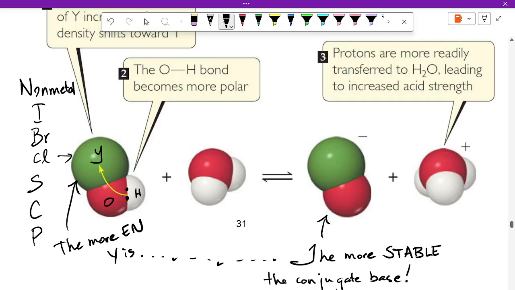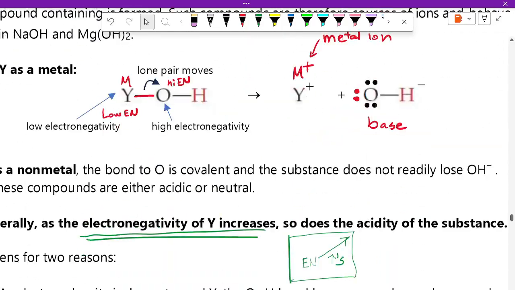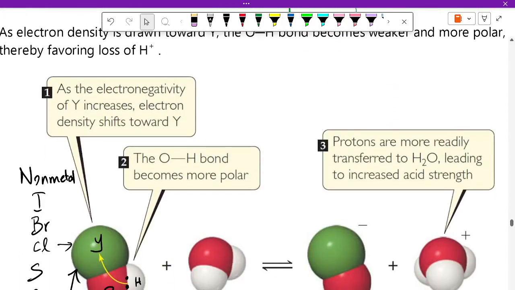Look at that, we related it back to the stability of the conjugate base. More electronegative elements are better able to accommodate electrons than less electronegative ones. Up here Y is a metal, and down here Y is a non-metal.